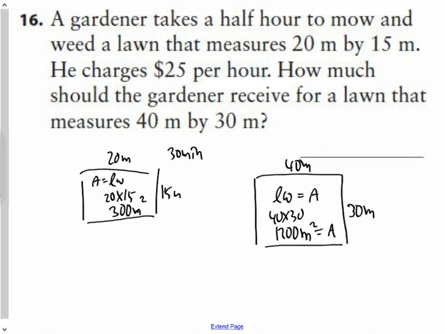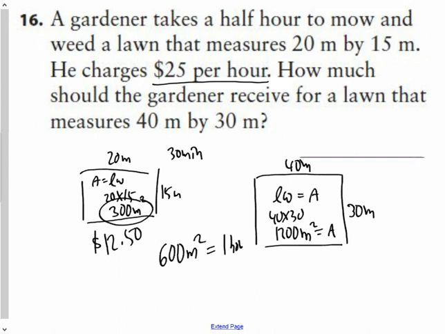So if we think about how much he would get at $25 per hour for the first lawn, he would get $12.50, because it only takes him half an hour, and half of the $25 per hour means he gets $12.50 for that lawn. But for this lawn, since it took him half an hour to do 300 square meters, he would be able to do 600 square meters in 1 hour.